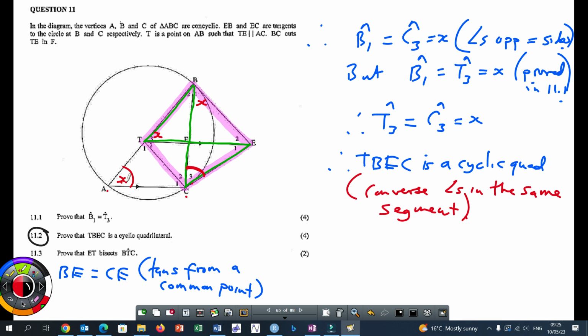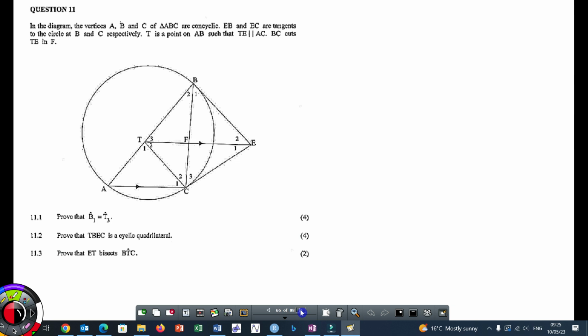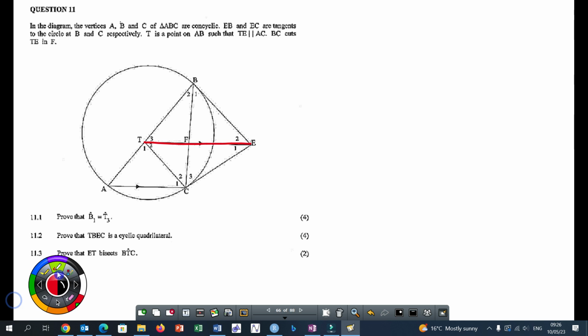Yes. So let's move on to 11.3. Now, in 11.3, we need to prove that ET, this line here, bisects angle BTC. So BTC is this angle.